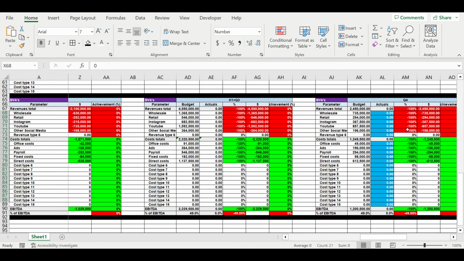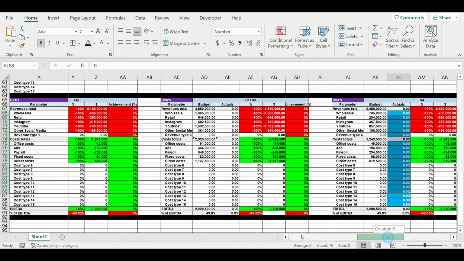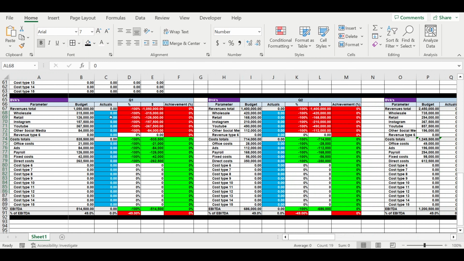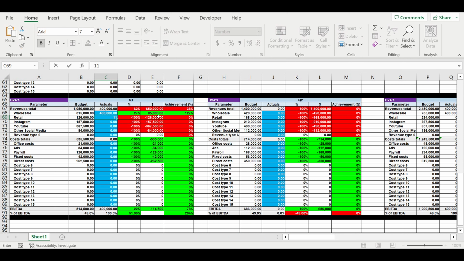And now it's time for us to specify the actuals. For example, for quarter one, the revenue for the wholesale will be 400k. Then for retail this will be like this, for example.